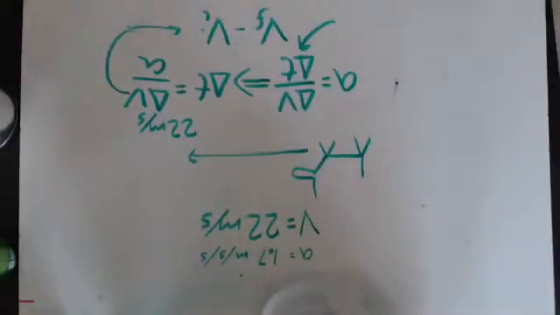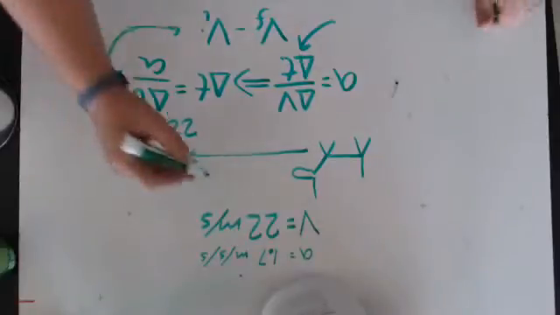So I'm going to reread the problem and see if there's information that I haven't recorded. If a pronghorn antelope accelerates from rest in a straight line with a constant acceleration of 1.7 meters per second squared, how long does it take for it to reach a speed of 22 meters per second? Well, it's right there, the word rest.